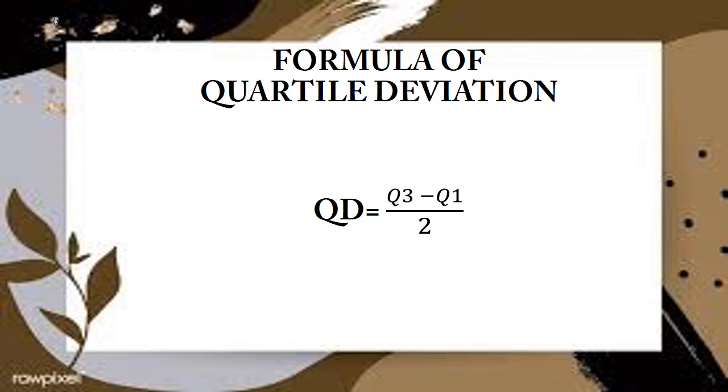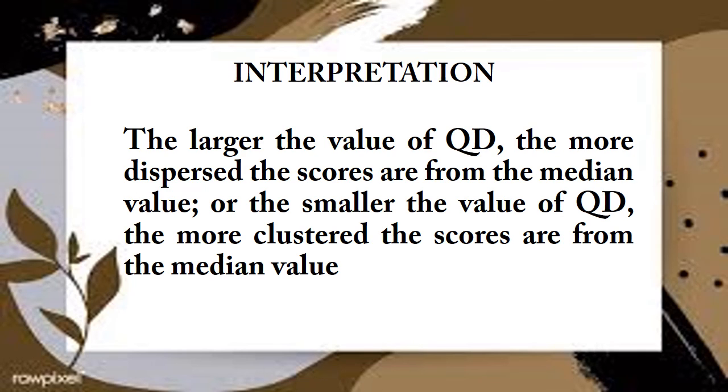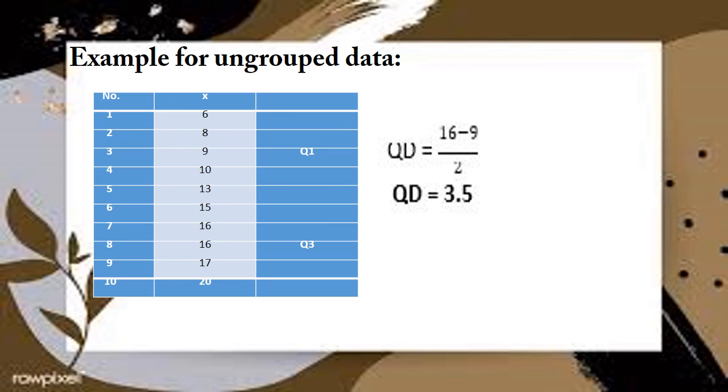So in order for us to get the quartile deviation, we need to use this formula: quartile deviation is equal to third quartile minus first quartile divided by 2. Interpretation in getting the quartile deviation. The larger the value of the quartile deviation, the more dispersed the scores are from the median value, or the smaller the value of quartile deviation, the more clustered the scores are from the median value.